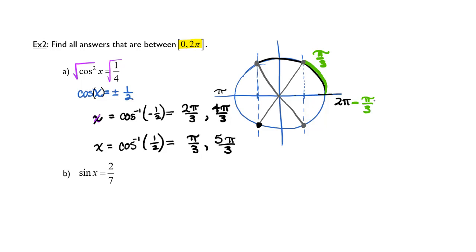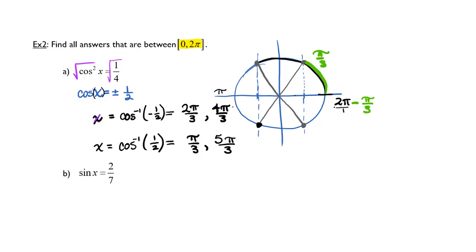Now, if you're still struggling with that just a little bit, think of 2 pi being over 1, multiplying the numerator and denominator by 3, which would give me 6 pi over 3, equivalent to 2 pi, remember, and then minus the pi over 3 would give you 5 pi over 3.